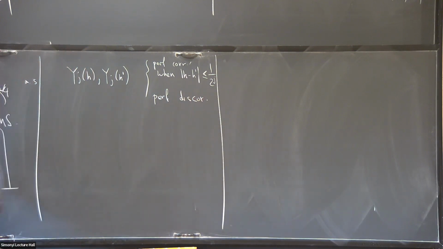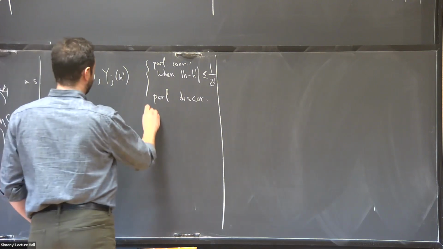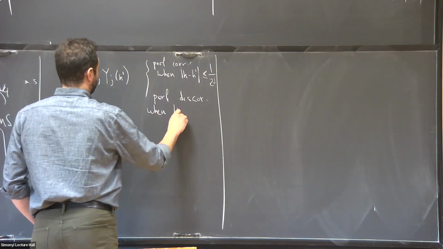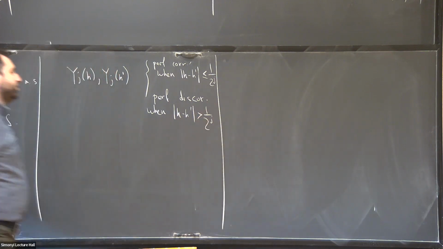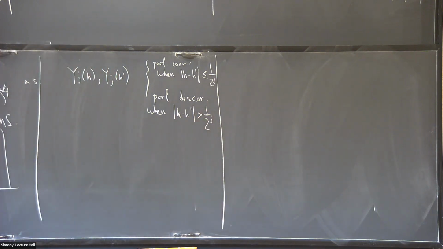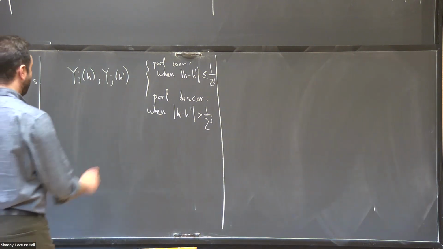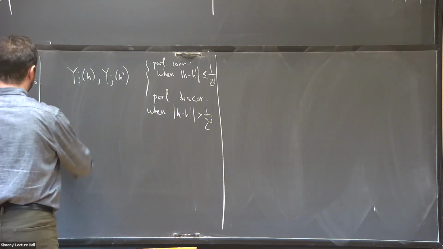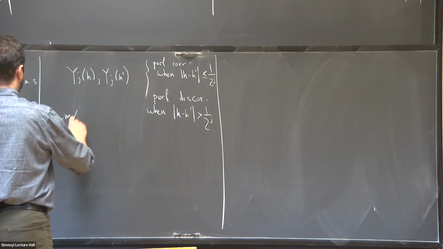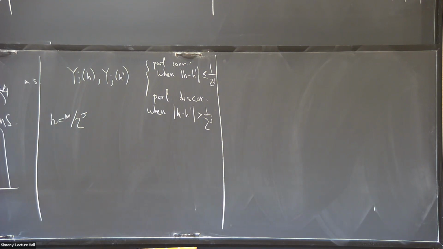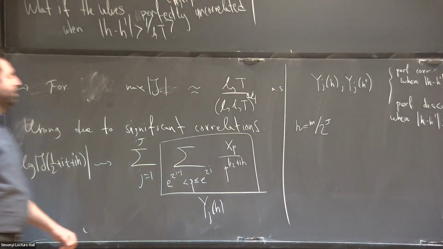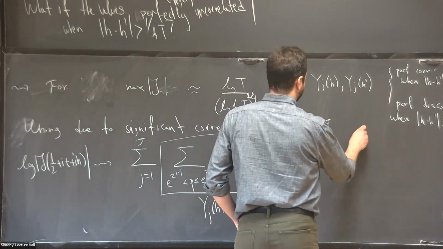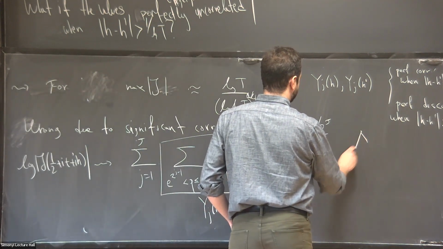Well, you have to take all of this with a grain of salt because they're not quite true, but this is just a heuristic. And then they become decorrelated in this regime. So what ends up happening here is, if I write h as m over capital J, let's say, you get this kind of branching structure.